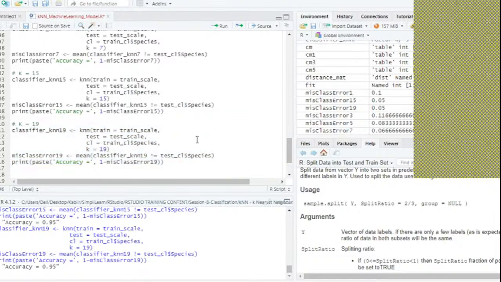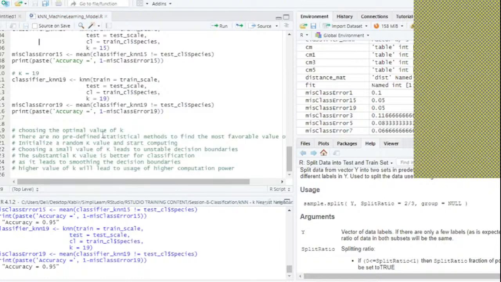Between 15 and 19, I'm going to pick 15 only, because I would not want to increase the k unnecessarily when I am getting the accuracy. So 95 is the best. Is that clear? Choosing the optimal k.